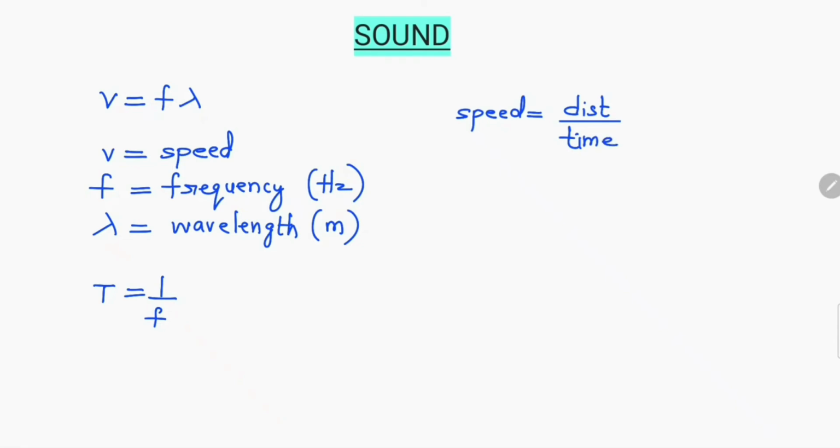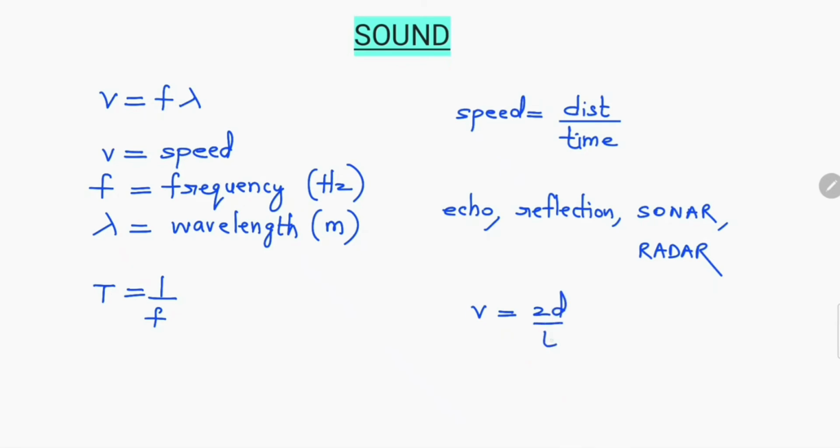If you see in the question the word echo, reflection, sonar, radar, then use the formula V is equal to 2D by T. Directly you can use this formula because the sound is going, hitting the object, and coming back. So that is why 2D by T. Otherwise you can only use V is equal to D by T if there is no echo. Remember that. So these are the only formulas.